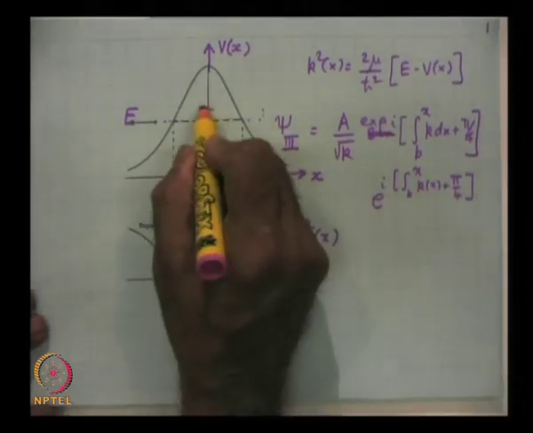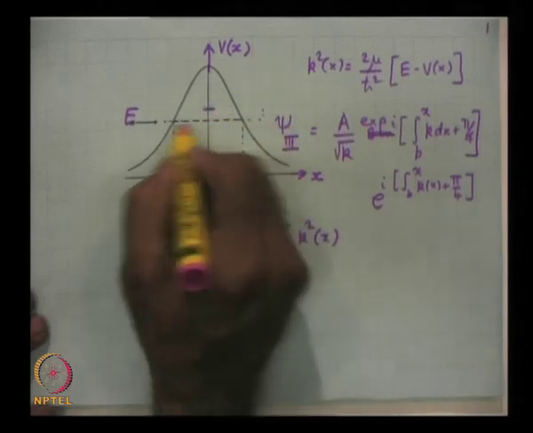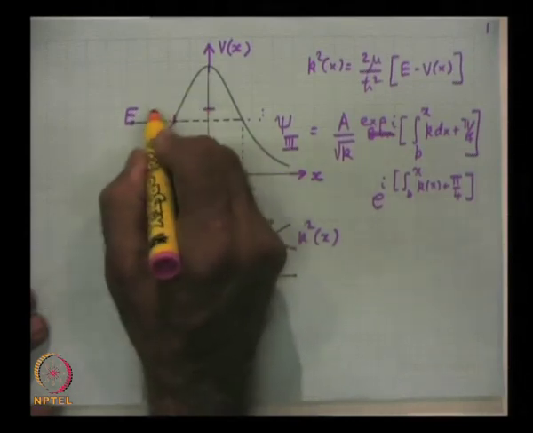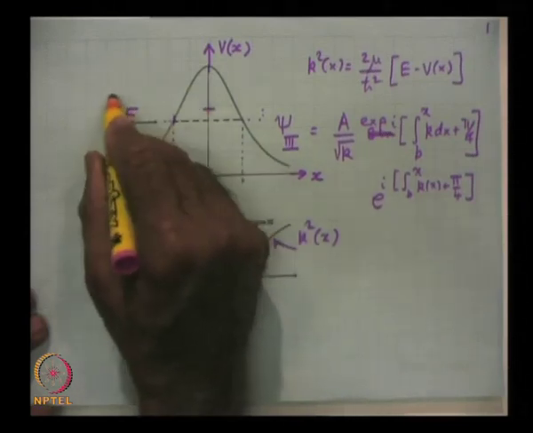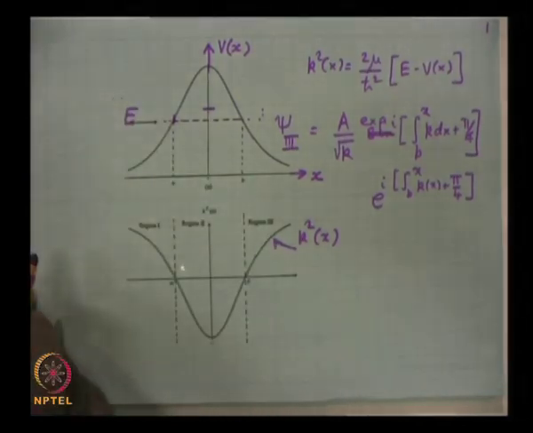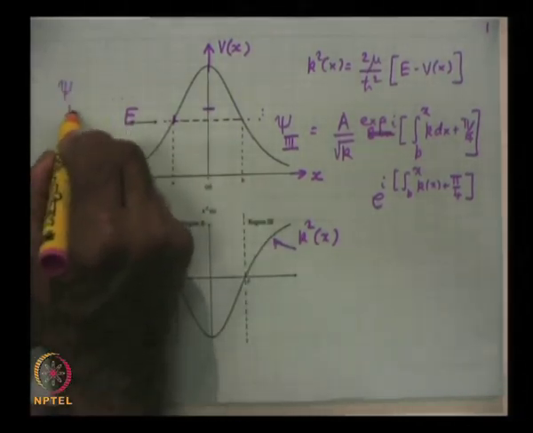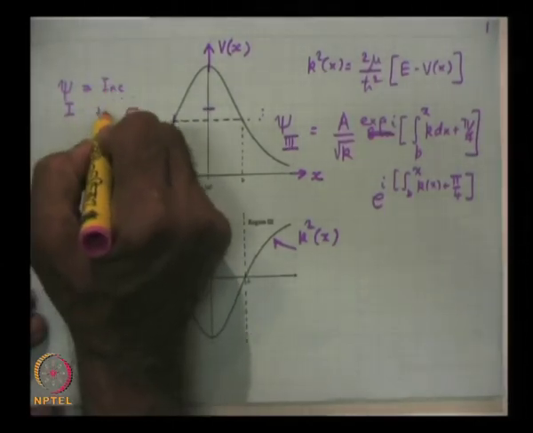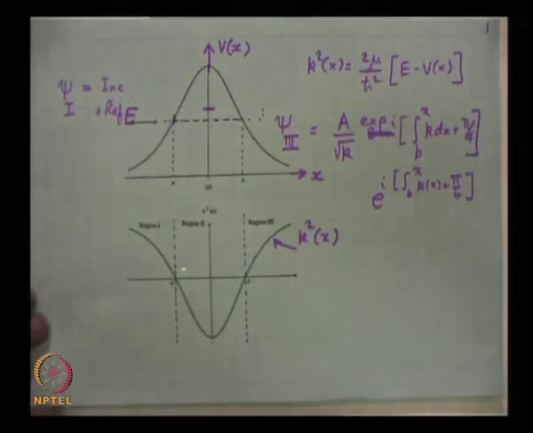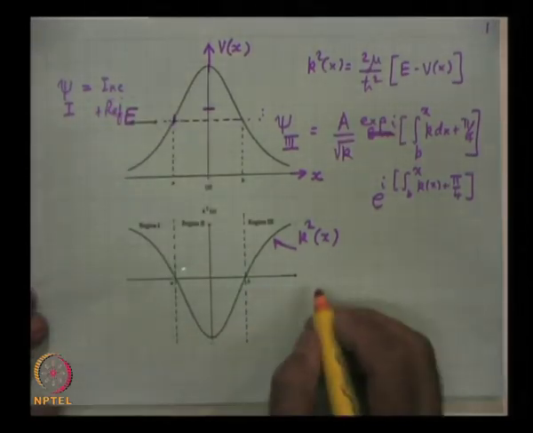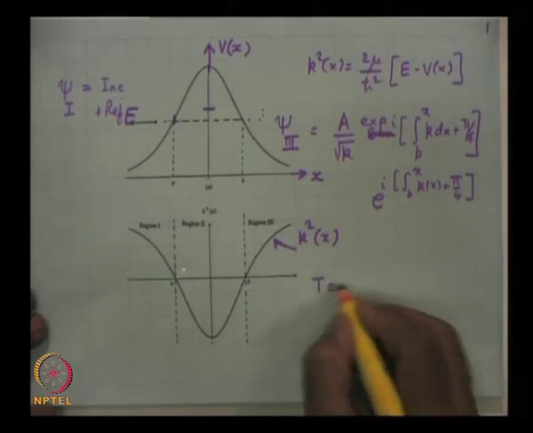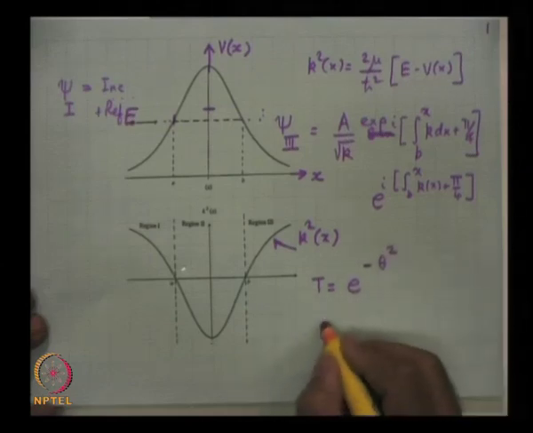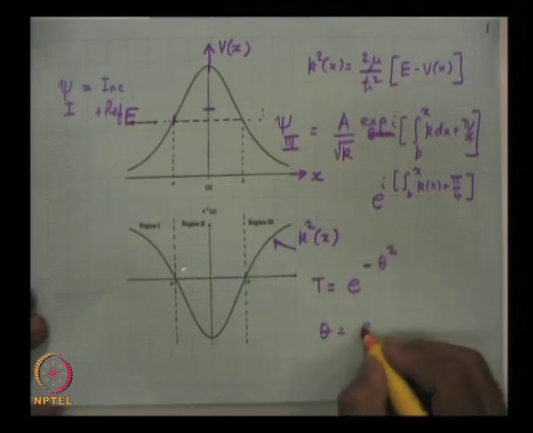from this turning point here, and then we looked at the turning point x is equal to a, and when we hopped through this turning point and obtained solutions here, the solution in region 1 was expressed as an incident wave plus a reflected wave, and we compared the coefficients, and we found that the transmission coefficient was equal to e to the power of minus theta square, where theta was equal to the exponential.